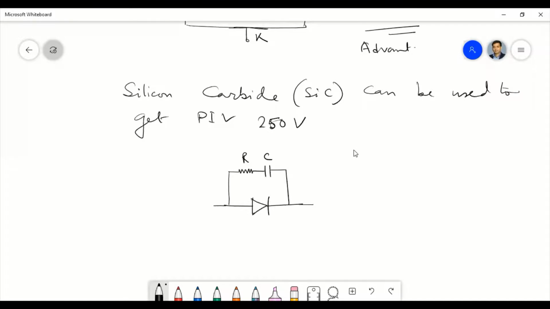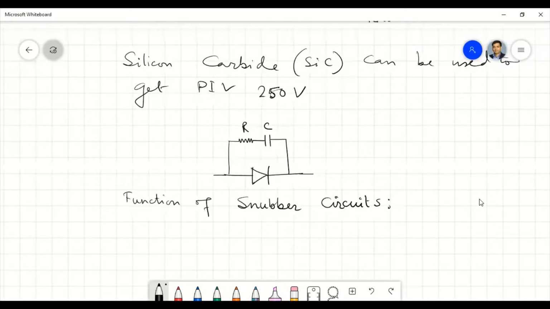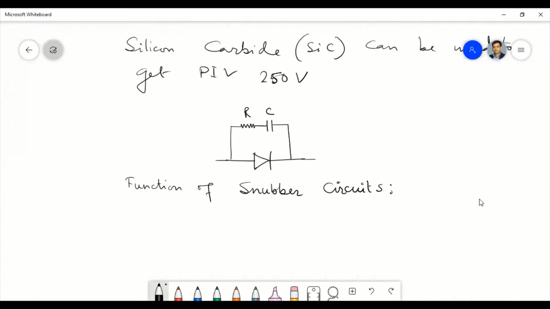So this is the snubber circuit. Now, what is the function of this snubber circuit? One function I have already mentioned: it protects against high reverse voltage.